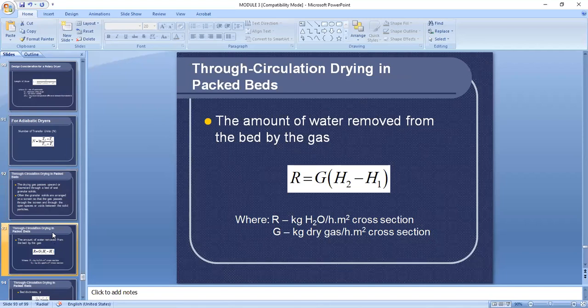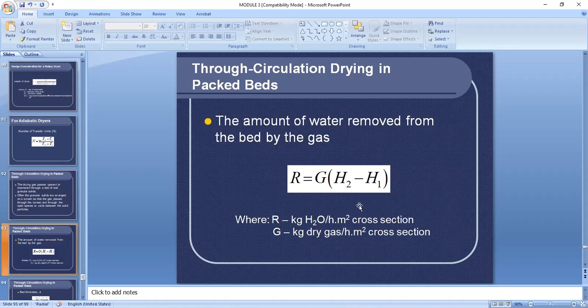Now this is the amount of water removed by the gas in this particular type of drying, through circulation drying. So R has the unit of kilogram water per hour per square meter of cross section available for your drying medium, air, to pass through. That is why it has per unit area of cross-section.